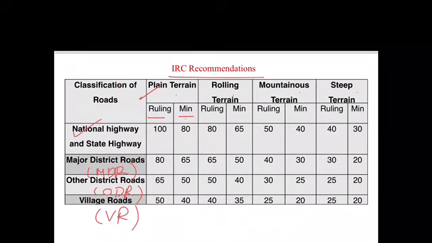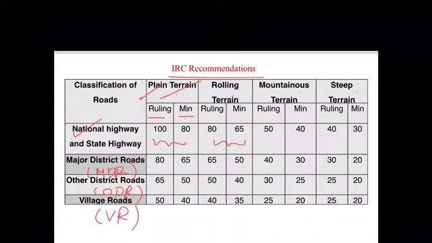If the category of the road is national highway and you have such highways in plain terrain, the speed limit is between 100 to 80 kmph. Similarly, for the same highway in rolling terrain, the slope is slightly increased, so the speed limit is reduced, between 80 to 65 kmph.